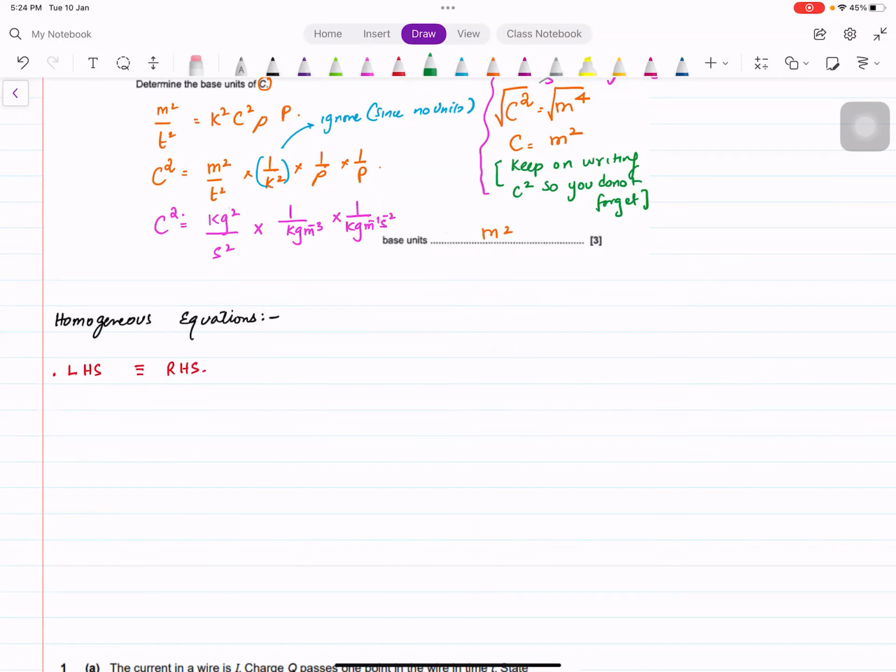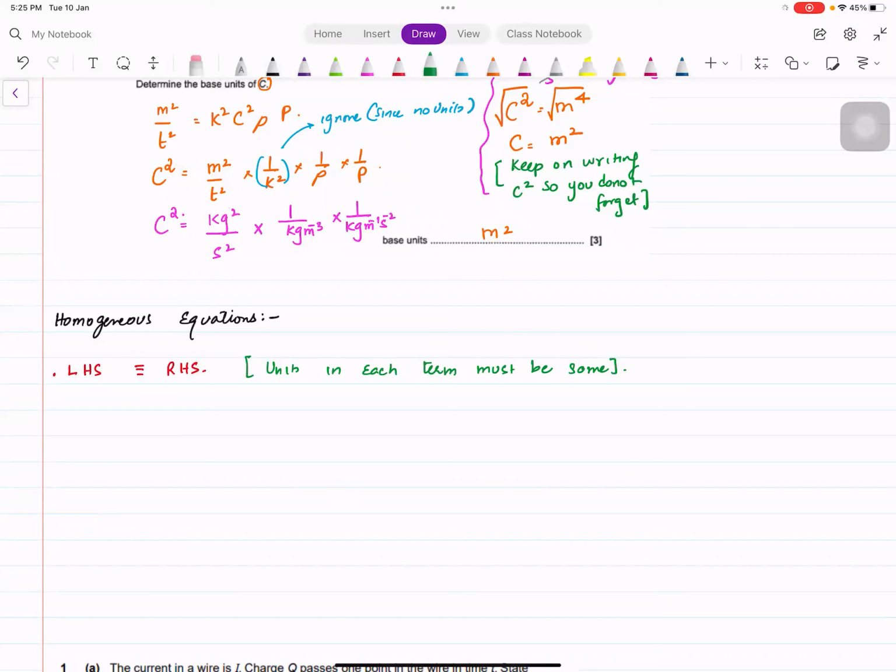And what we're looking at is that the units in each term must be the same.